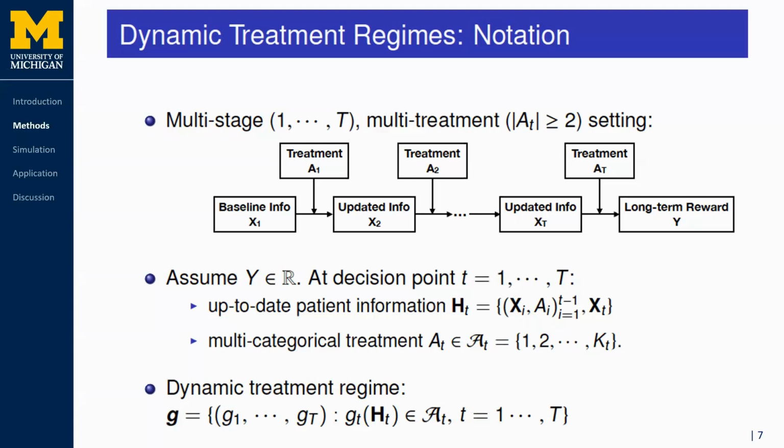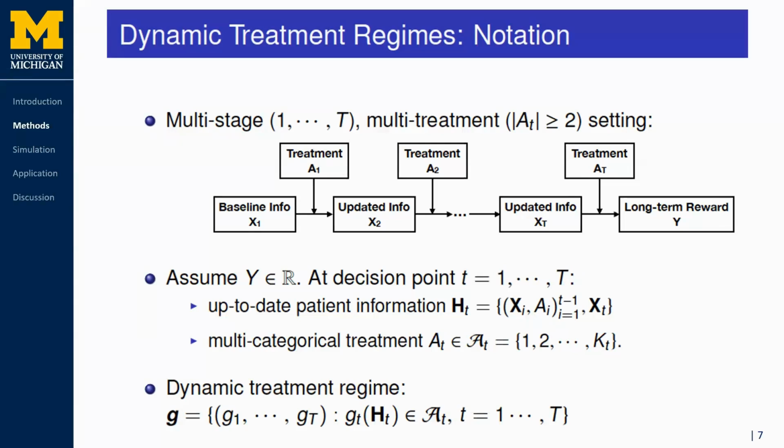So this A2 is the treatment at stage 2. You can continue doing this until the last stage, and we will use big T to denote the last stage, and we'll have updated information at the last stage and offer the last treatment AT, and then get to the long-term reward function you want to achieve.